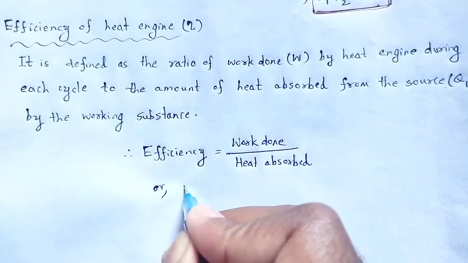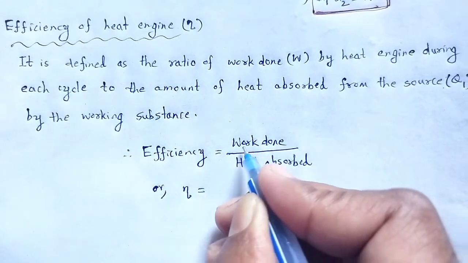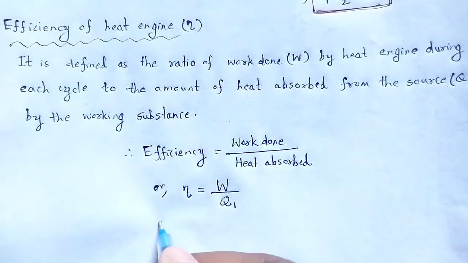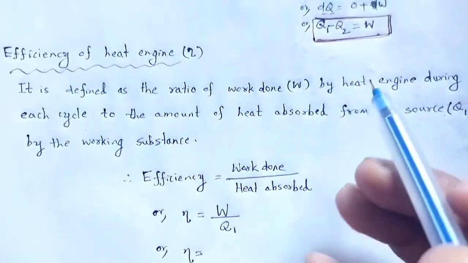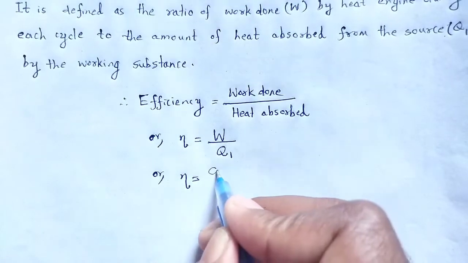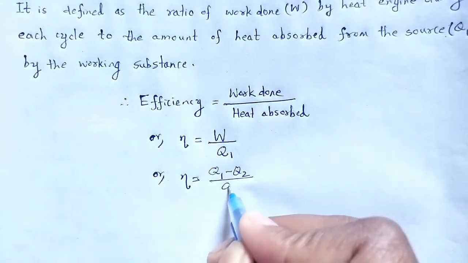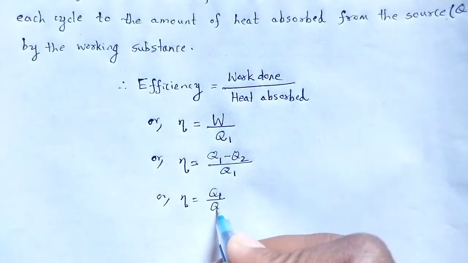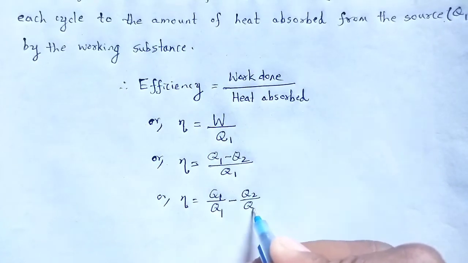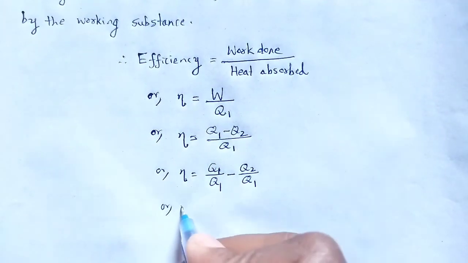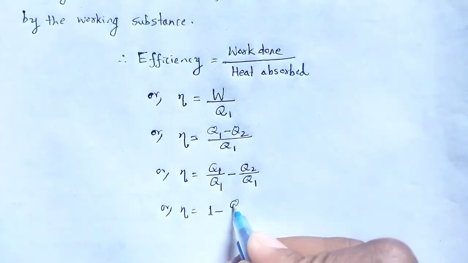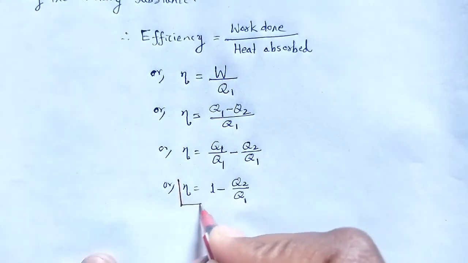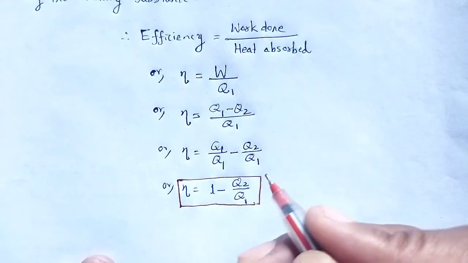Therefore the efficiency eta is equal to W divided by Q1, or eta is equal to Q1 minus Q2 divided by Q1, or eta is equal to 1 minus Q2 by Q1.